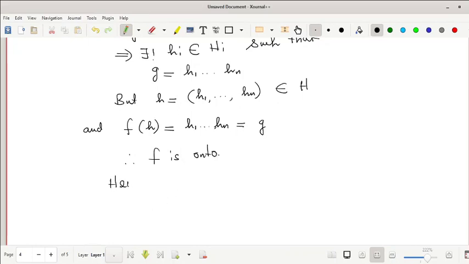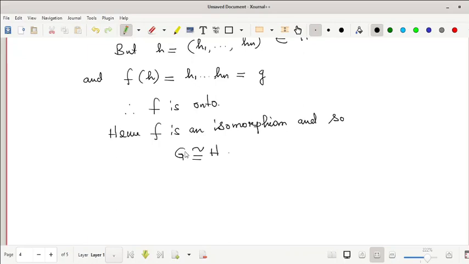Hence, f is an isomorphism and so G is isomorphic to H. Okay. Let us see more results regarding this.